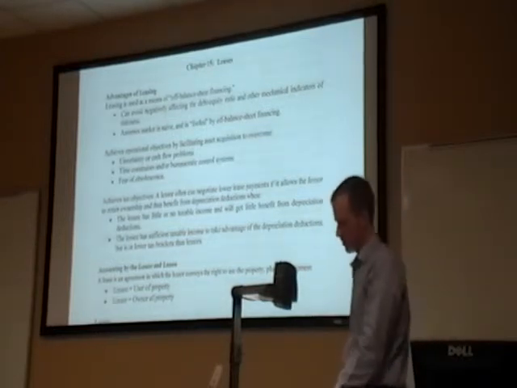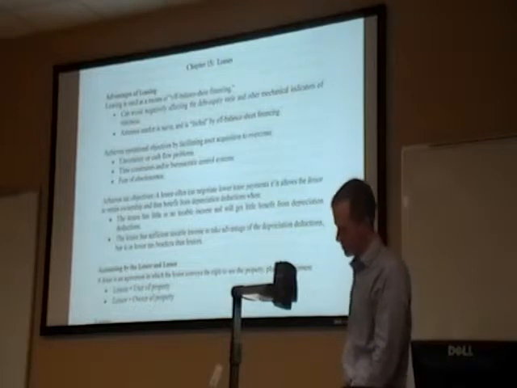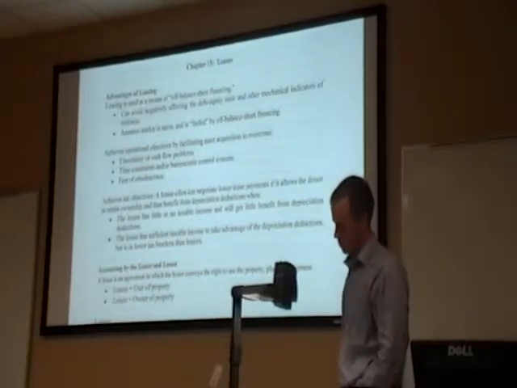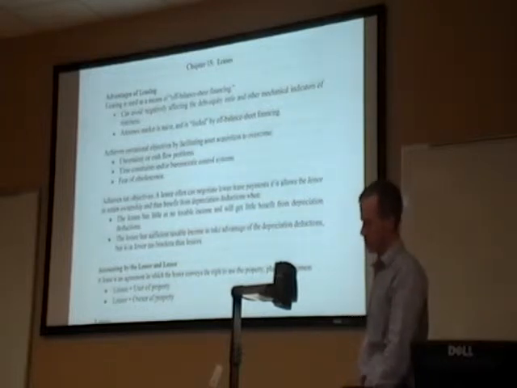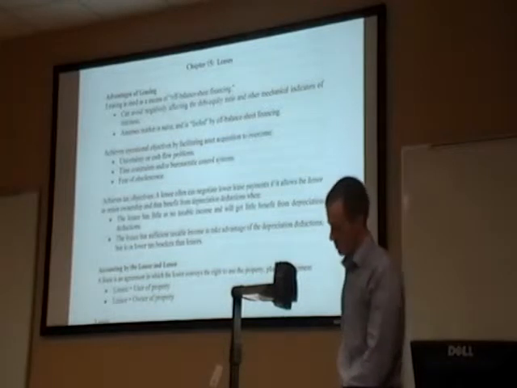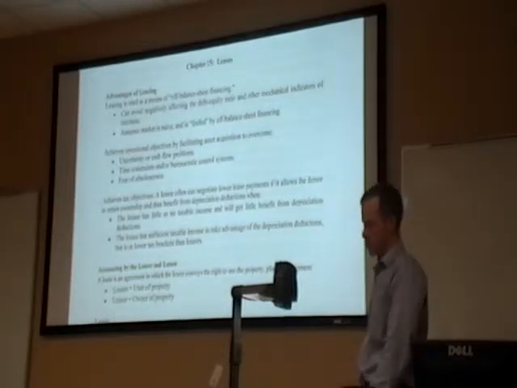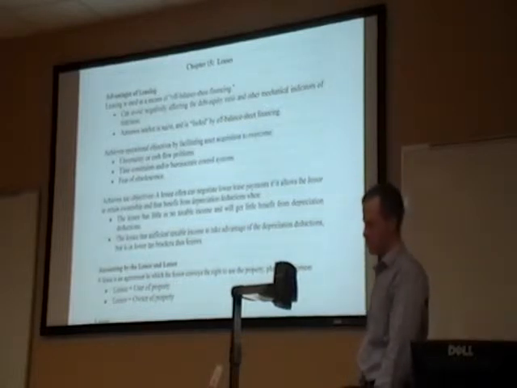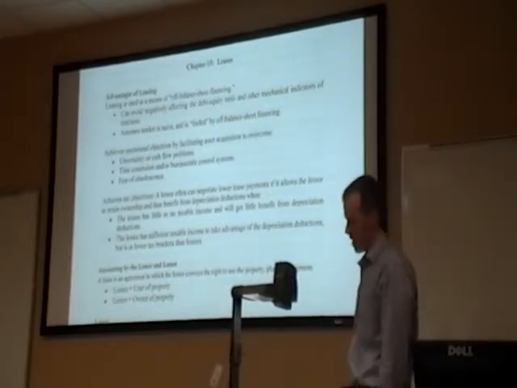Achieves tax objectives. A lessee often can negotiate lower lease payments if it allows the lessor to retain ownership and thus benefit from depreciation deductions. When the lessee has little or no taxable income, it will get little benefit from the depreciation deductions, or the lessee has sufficient taxable income to take advantage of the depreciable deductions, but is in a lower tax bracket than the lessor.